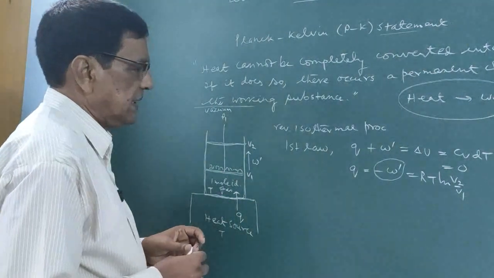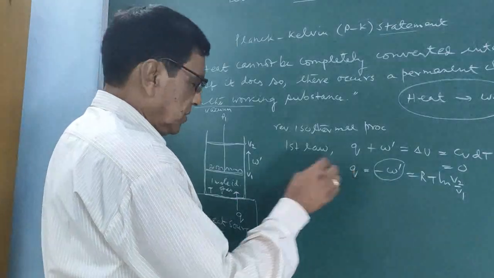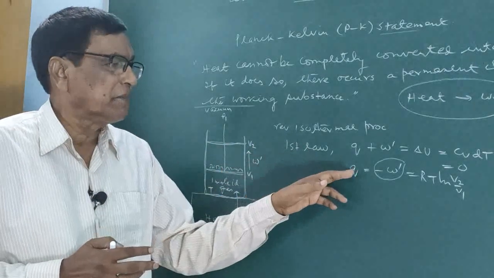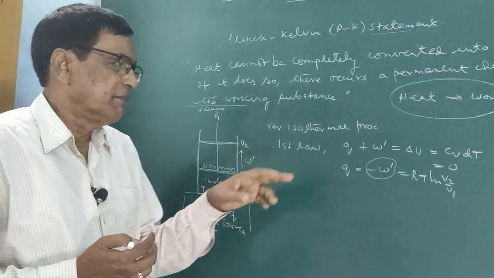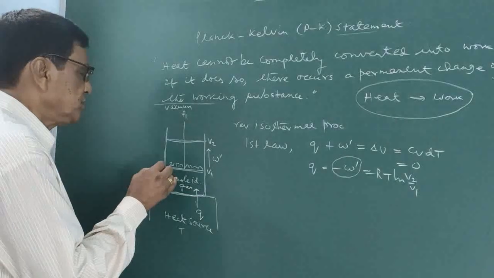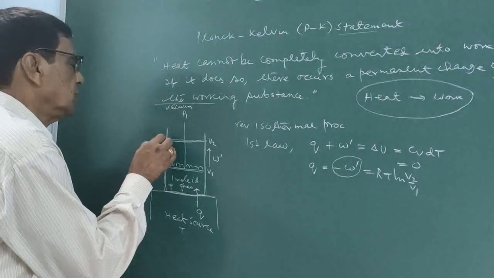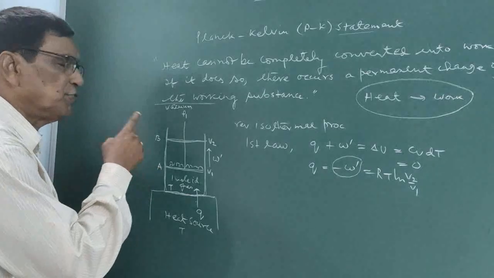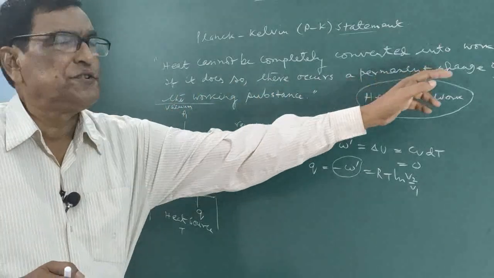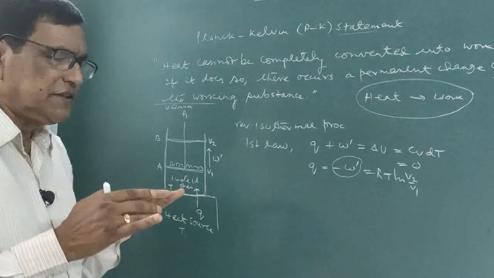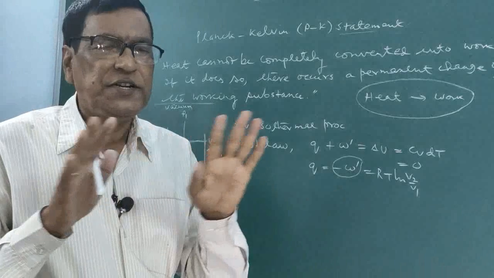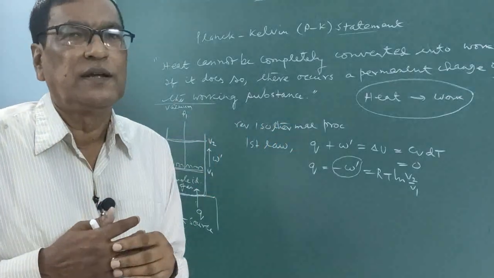And here it is saying that the total heat given to this system is completely converted into mechanical work. But in doing so, the system suffers a permanent change. The piston moves from position A to position B, and the system suffers a permanent change. And the heat engine, which converts this heat into work, must not be like this.